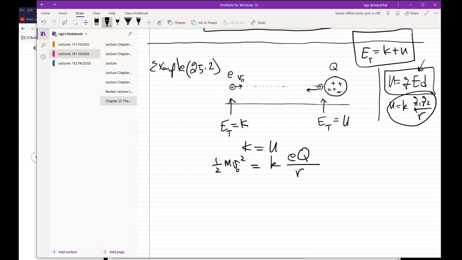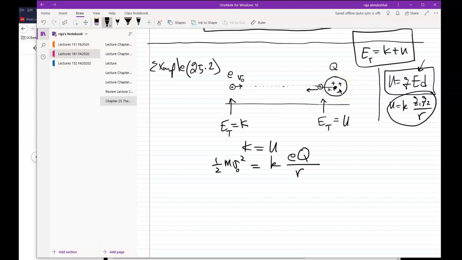Well, what is this r? How far is the proton from the sphere? Well, they're touching each other, so how far is it? Go back to Newtonian physics. How do we measure distances? We measure distances between the center points. You see what I'm saying? The center of mass. So here, you're measuring the distance between the proton and the sphere from the center of mass, right?